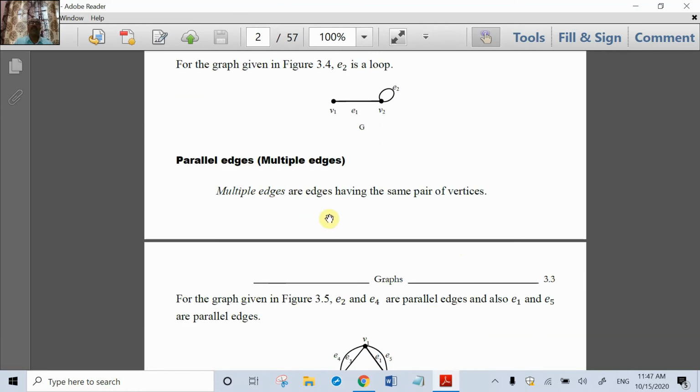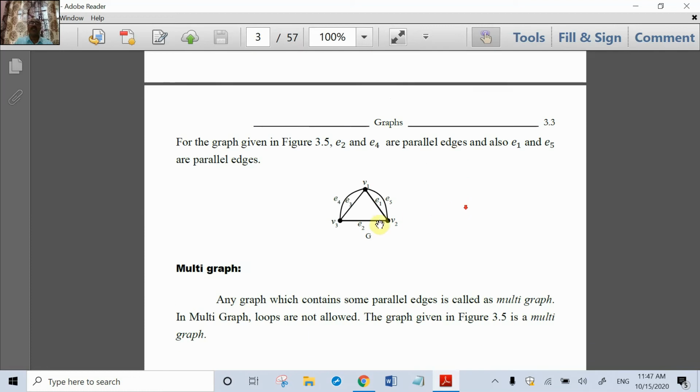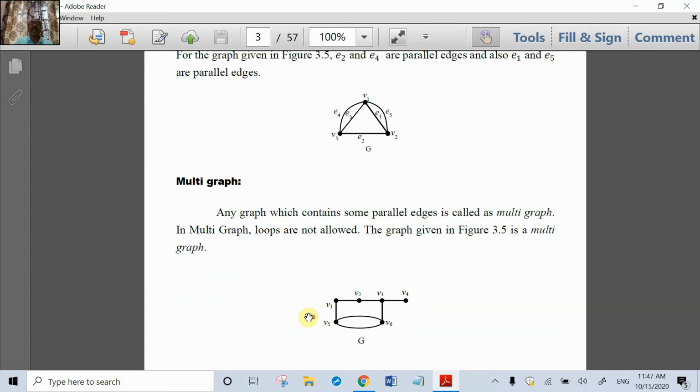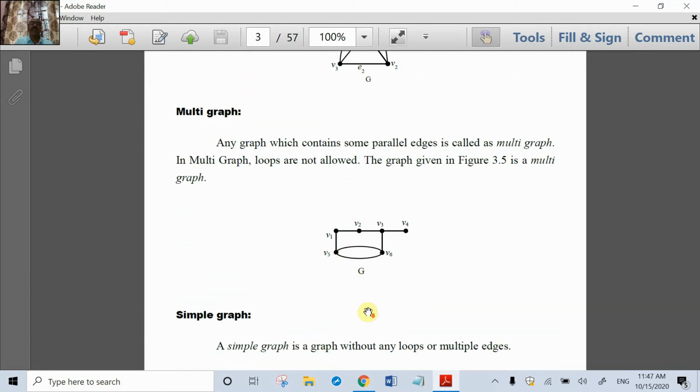Now multiple edges are edges on the same pair of vertices. Here two vertices are joined by more than one edge, then they are called parallel edges. If a graph contains parallel edges, we say it is a multi-graph. See, this is a multi-graph.